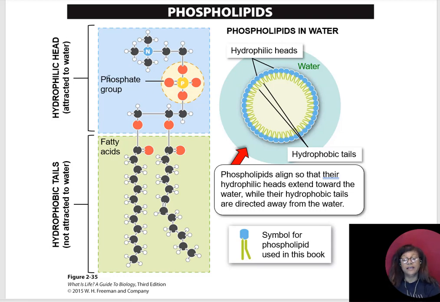The hydrophilic head likes water. Which portion hates water? The hydrophobic tail hates water. And so when you look at the cell membrane, you're going to see this click chemistry, this conformation that makes the cell membrane possible because of either the attraction or repulsion of water to phospholipids.